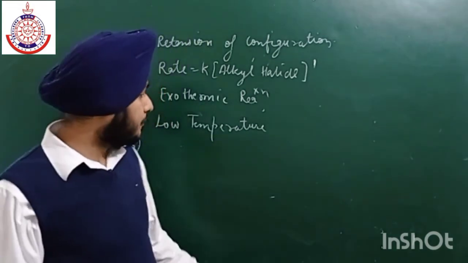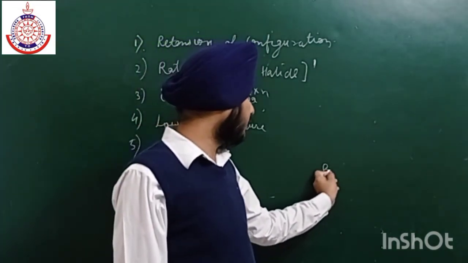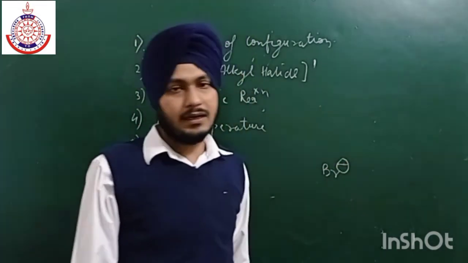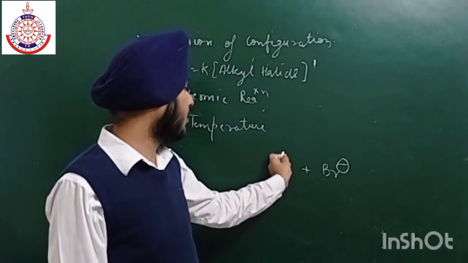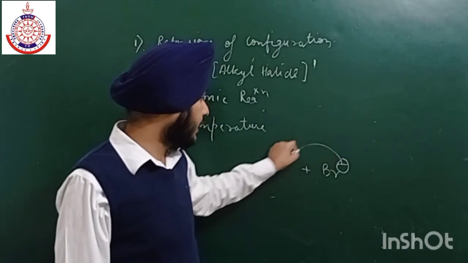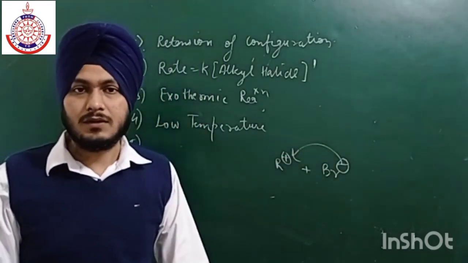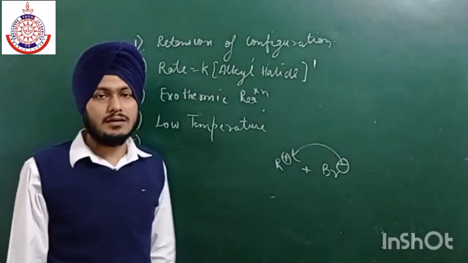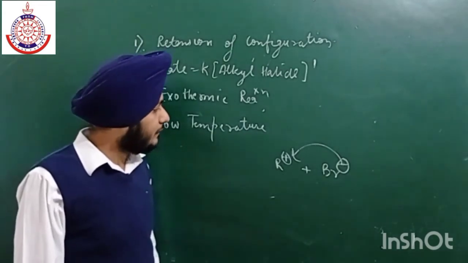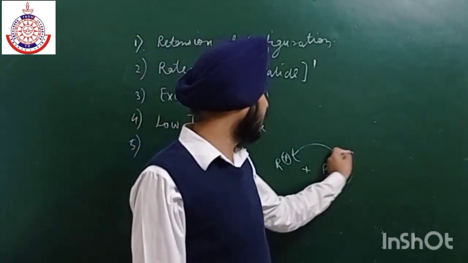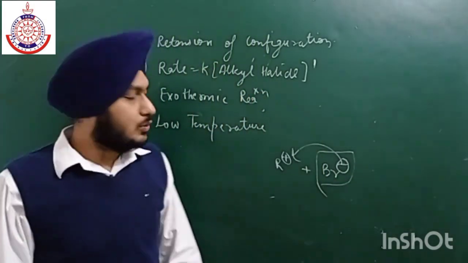As we all know, in the first step the leaving group is Br negative and the formation of a carbocation takes place. Now this Br negative can again attack on this R positive and the reaction becomes reversible. So we have to solvate this Br negative. What do I have to do with this Br negative?